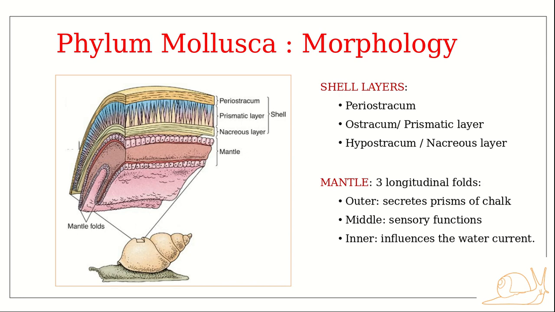Conchiolin is an uncalcified, chitin-like proteinaceous component that provides the rigidity or the framework for the shell. Calcium carbonate makes up the major part of the shell. It is deposited within the framework of the protein conchiolin.